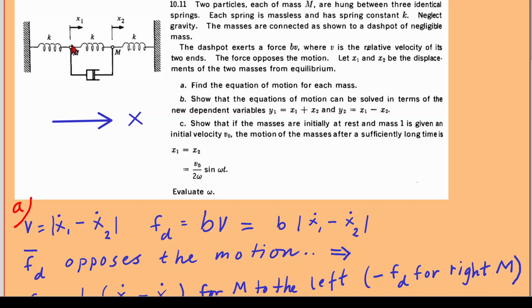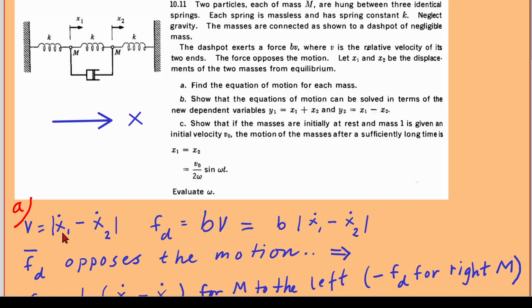Also, if it has a velocity in the other way, it will also be a damping, if that is held fixed, for example. The problem text tells us that the damping force is a constant b times the velocity, where the velocity is the relative velocity. What they mean is this velocity minus that velocity.